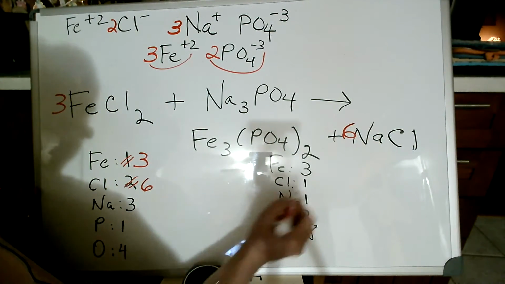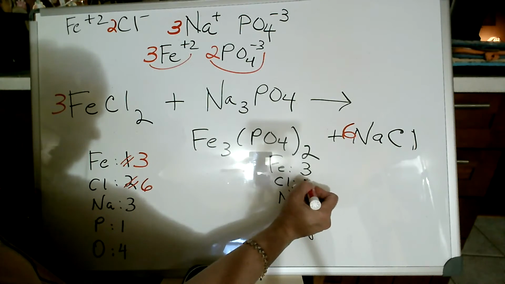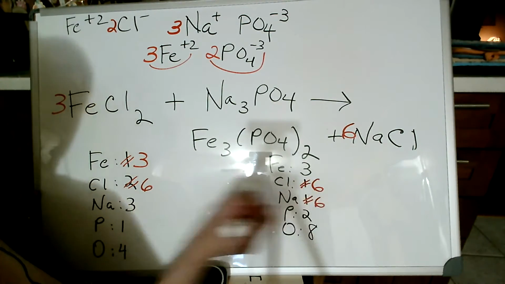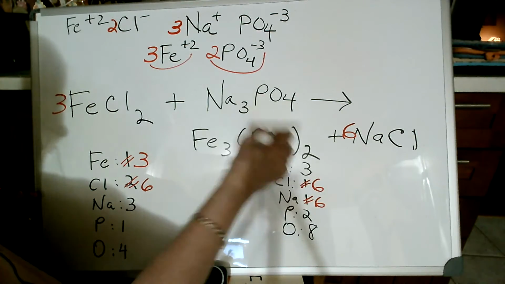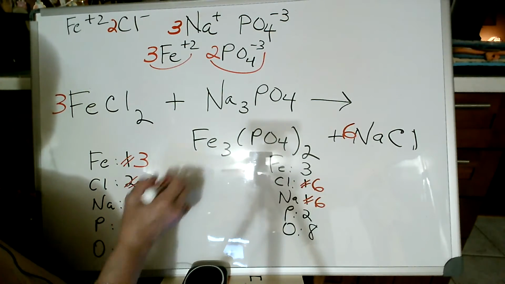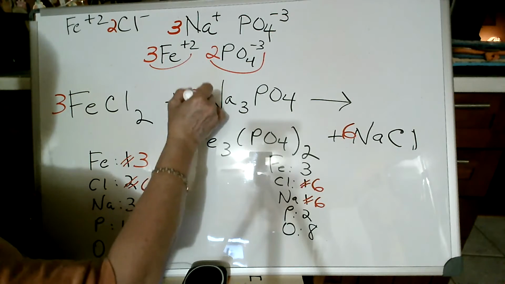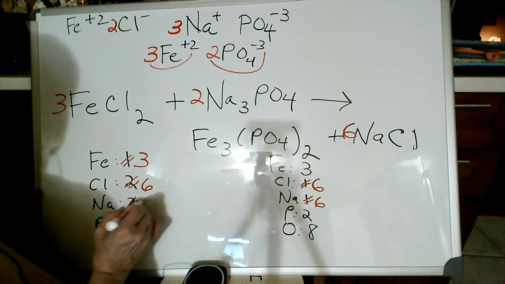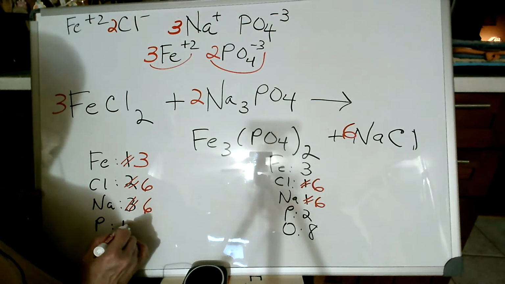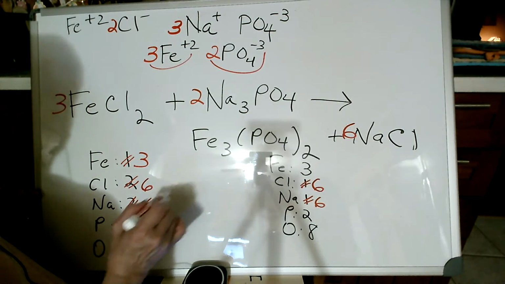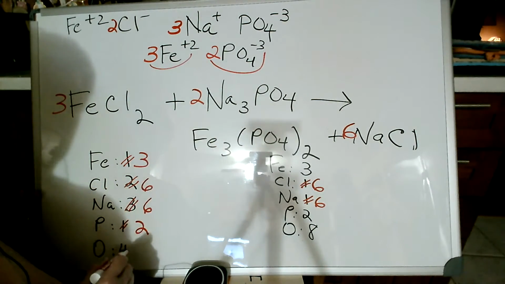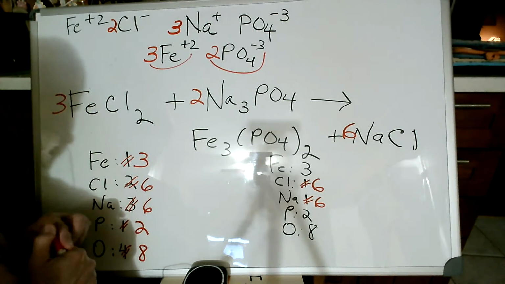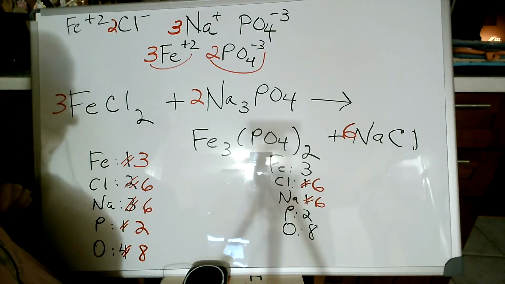On the product side, put a 6 in front of the sodium chloride, 6 chlorine, 6 sodium. Phosphorus is 2, phosphorus is 1. We can make it 2 on this side as well. By doing so, the sodium becomes a 6, the phosphorus becomes a 2, and the oxygen, 4 times 2 is 8.